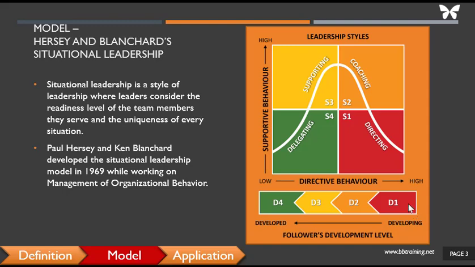Is the will high? Is the skill low? Usually when somebody starts the job, they are in D1 where the skill level is really low. So let's say the commitment level is high, the capability level or the skill level is low, and hence, if the capability is low, the leadership style that situational leadership suggests is directing.